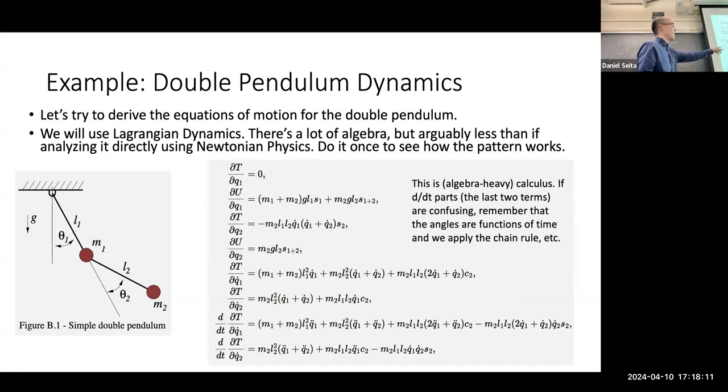So the intuition is it's a very mechanical recipe. There's a lot of algebra, but it's very mechanical. Find your generalized coordinates, compute your kinetic and potential energy, compute the derivative, and substitute it back into the Lagrangian, and then you get your forces. If you don't do that, then it's less mechanical, and I don't even know what to think about it because it's not a mechanical recipe I can follow. This is one that I can follow.